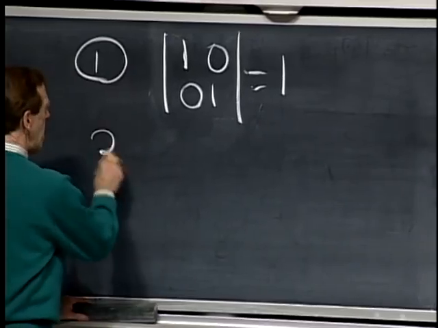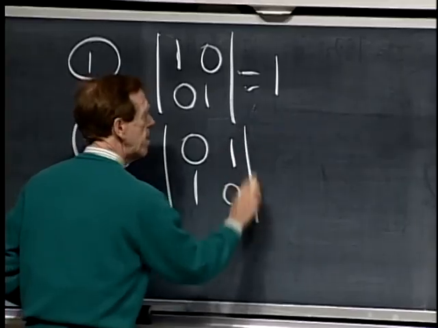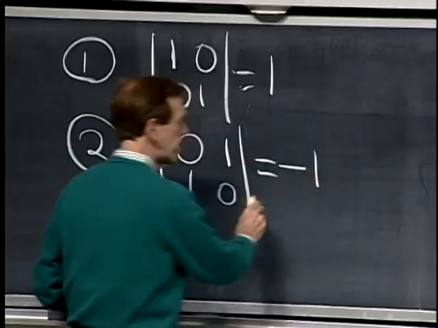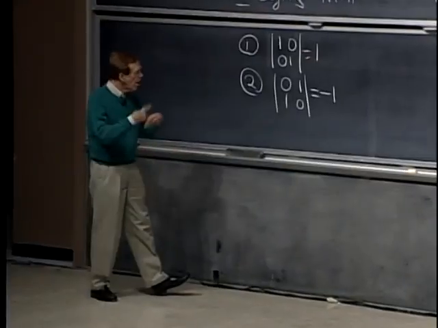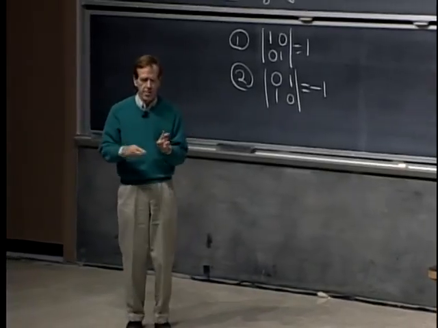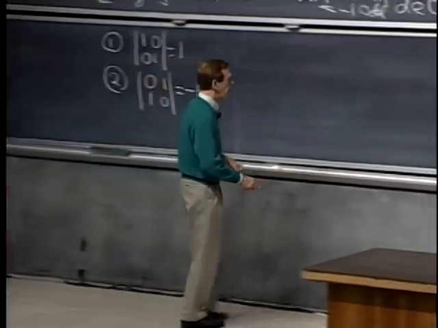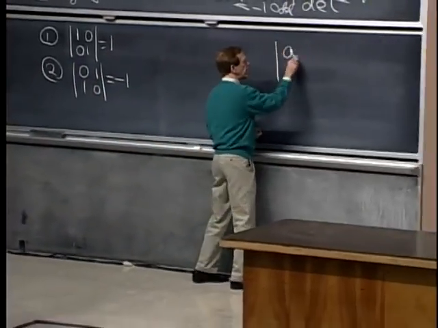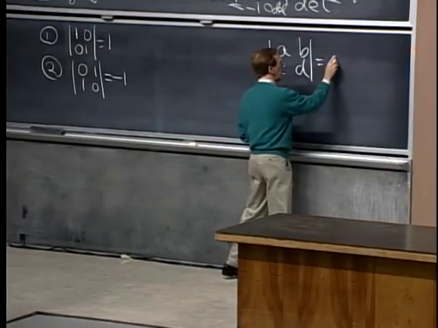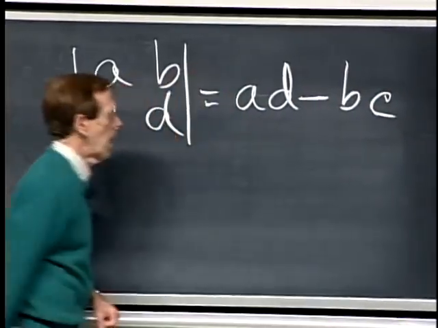Property 2 tells me that this matrix has determinant, what? -1. This is 2 by 2. And ultimately I want to get to the formula that we all know. Let me put that way over here, that the determinant of a general 2 by 2 is AD minus BC.